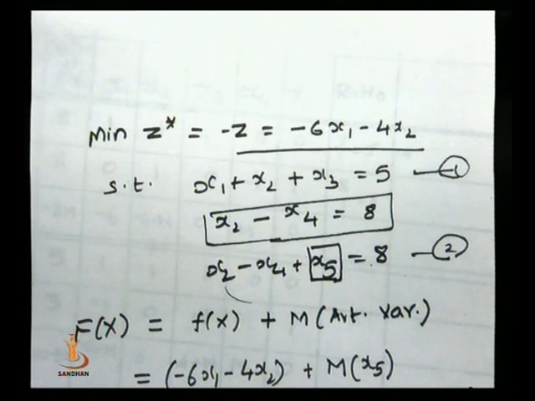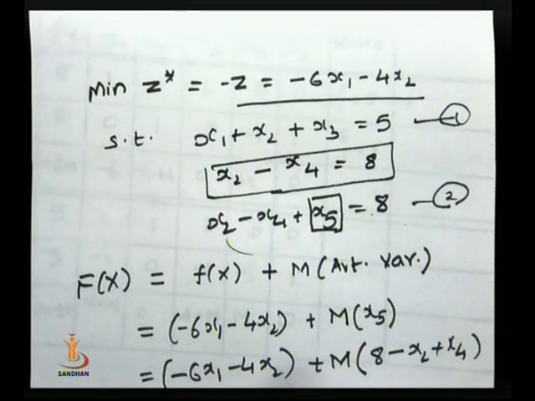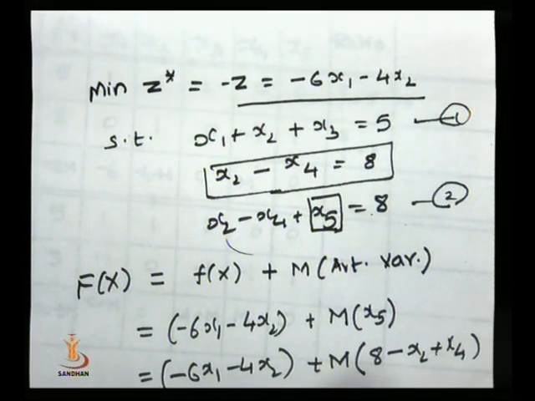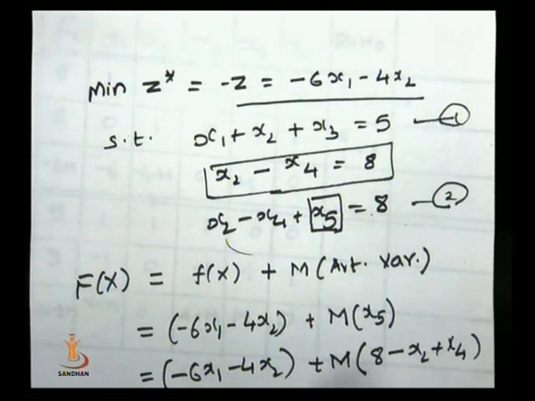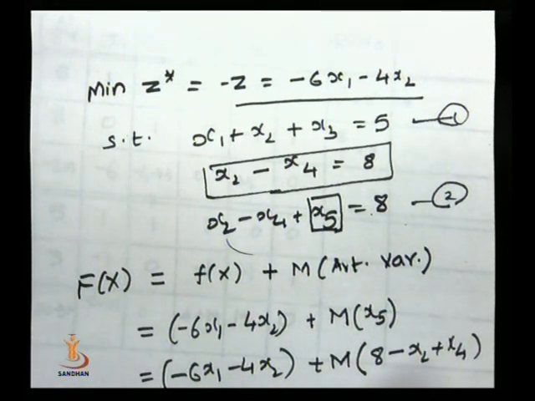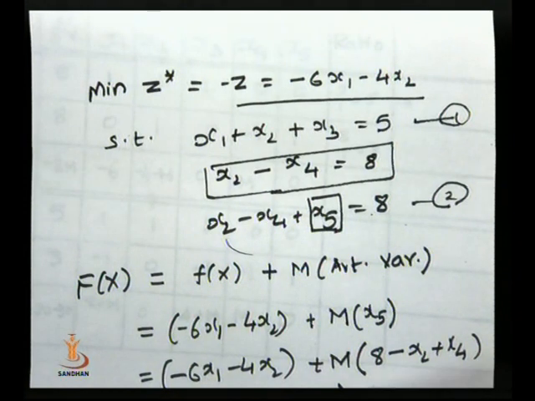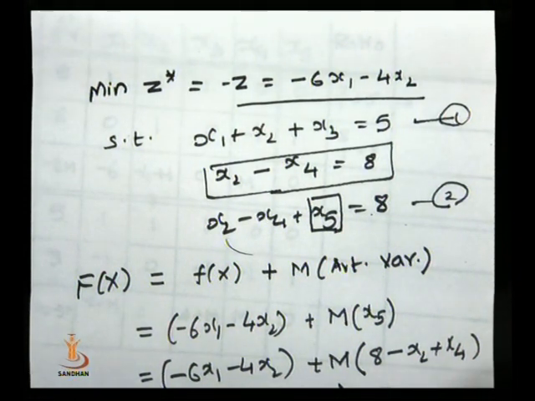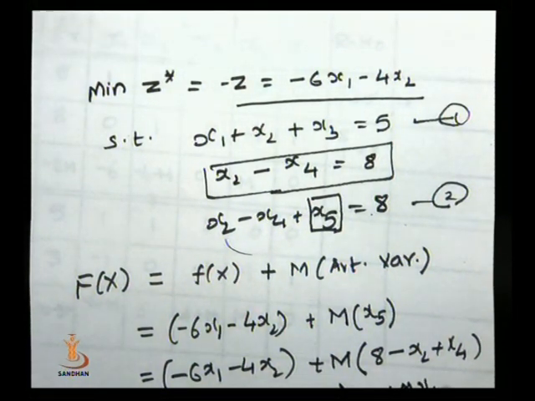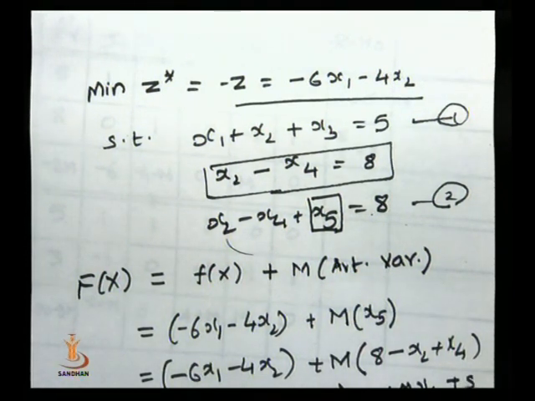Then we simplify this thing, and if you simplify, you will get minus 6x1, then minus 4 minus M into x2, then plus M into x4 and plus 8M.